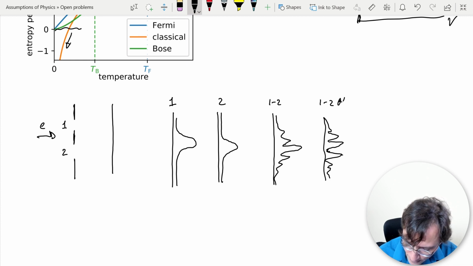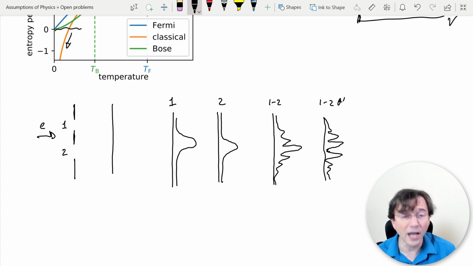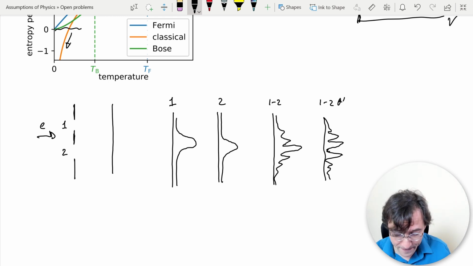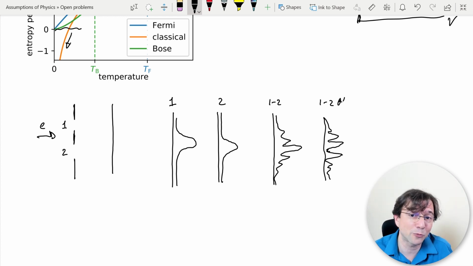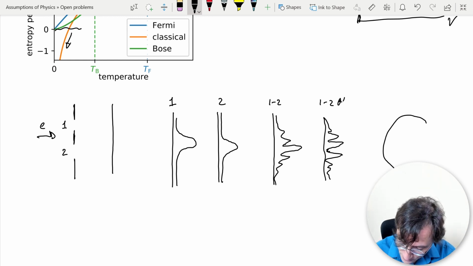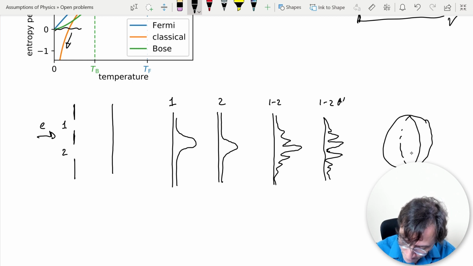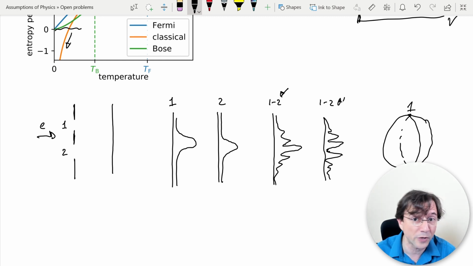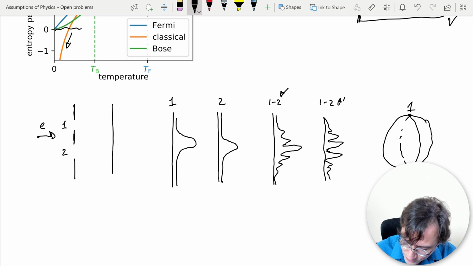This is actually a two-state system. To understand this, we can put it on a Bloch sphere. This is going to be our Bloch sphere for our two-state system, and you can put 1 here at the top, 2 here at the bottom. For the interference pattern, we assumed both slits open, so we have equal chance of going through one side or the other.